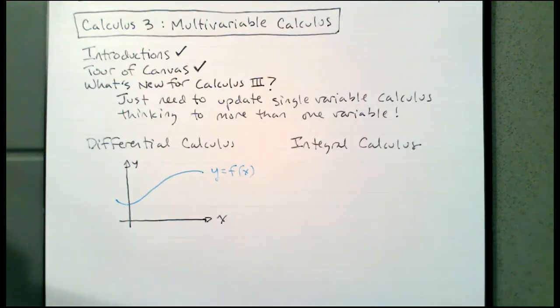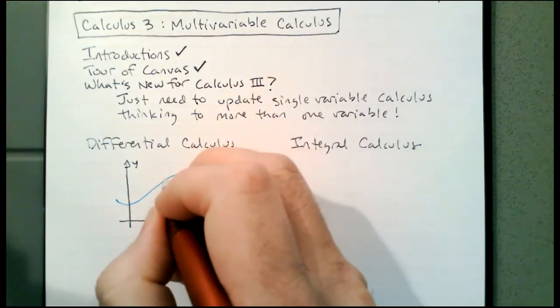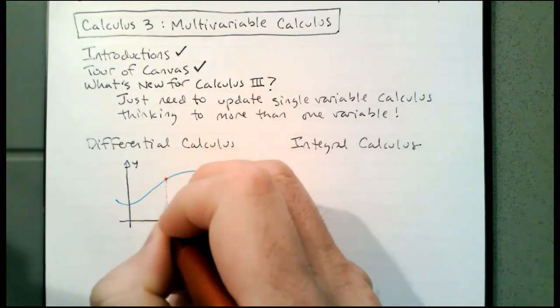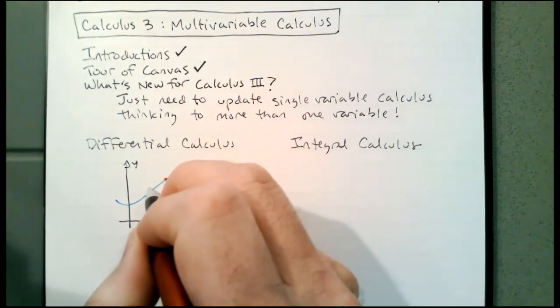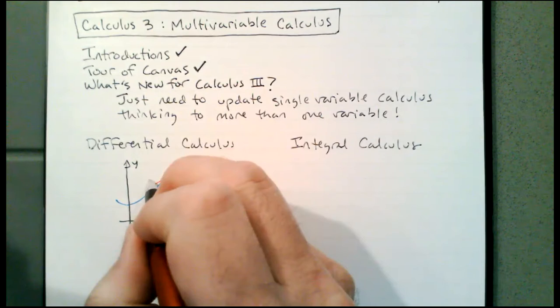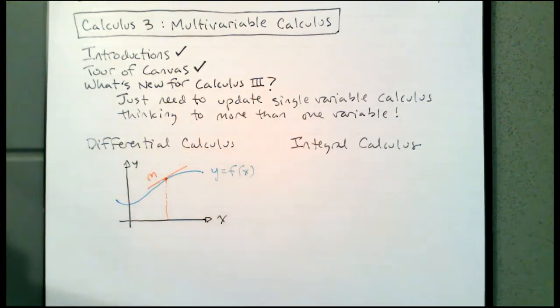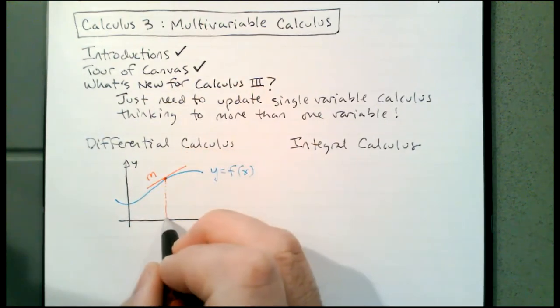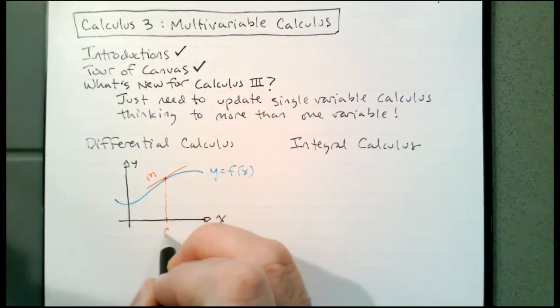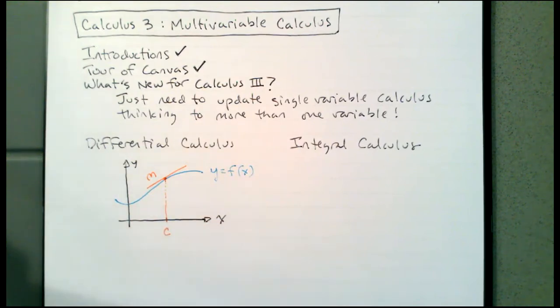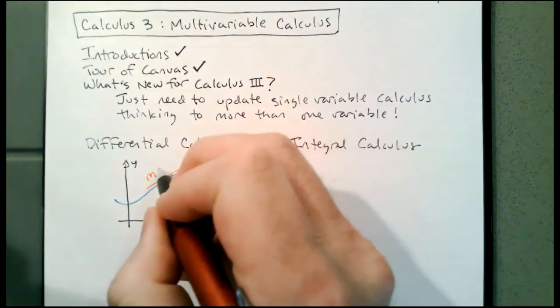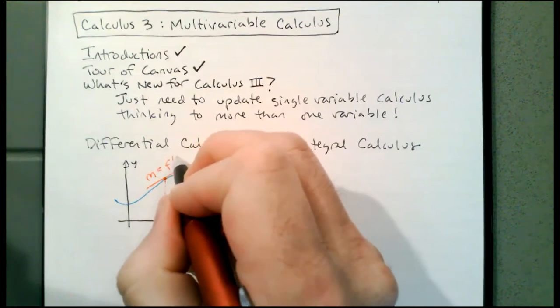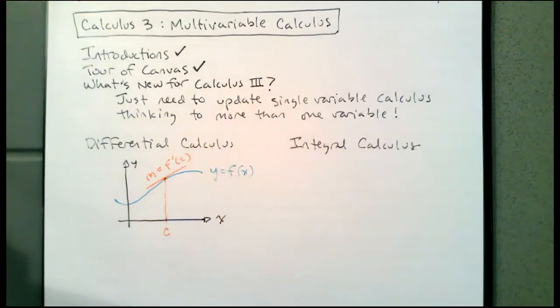And the big question in differential calculus is, at a particular point on this curve, what is the slope of the tangent line? So at a point, let's say x equals c, what is the slope of the tangent line? And we learn that the slope is the derivative evaluated at c. And then we think about what that means in the context of a function.